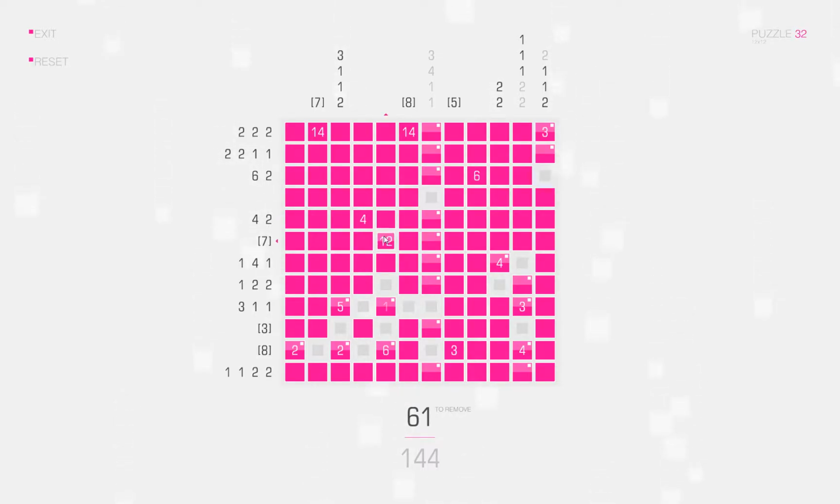Here 12 cannot go either any of these ways, because then they connect with 4 and they cannot connect. So here the 4 has to go like this. And we have a 2 here, it goes this way or this way. And then the rest must be left out or removed.